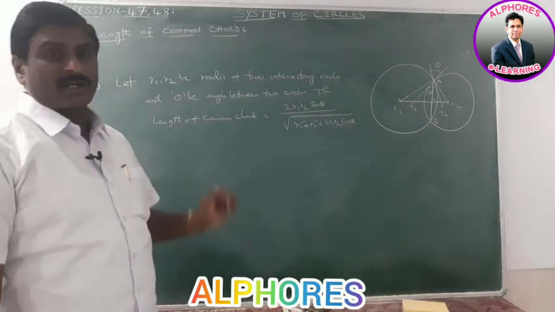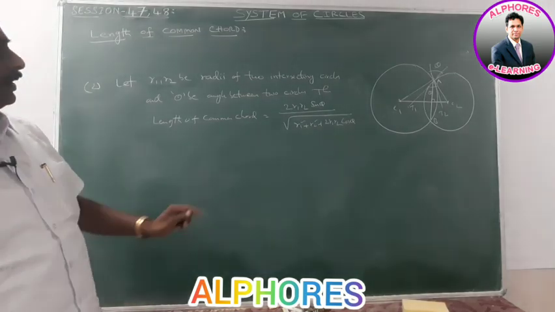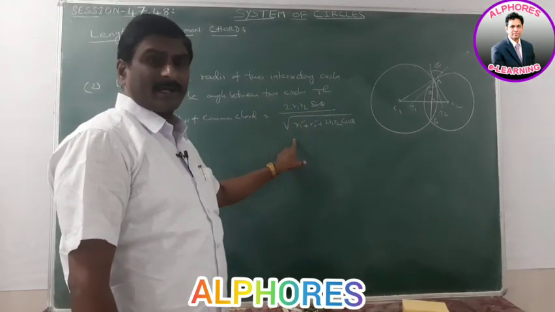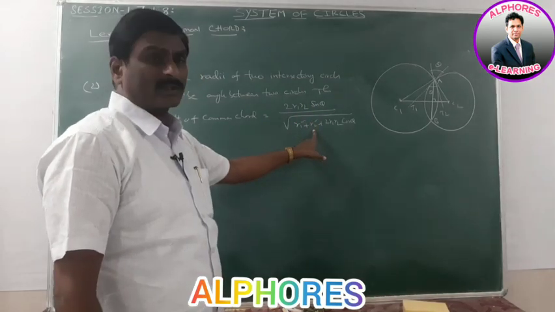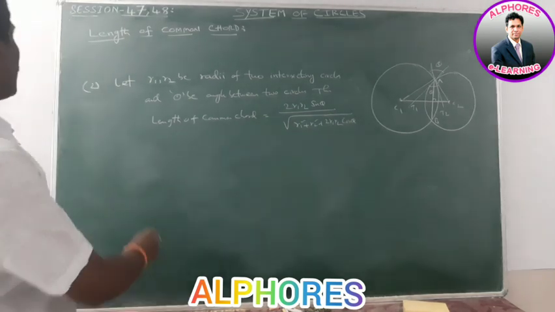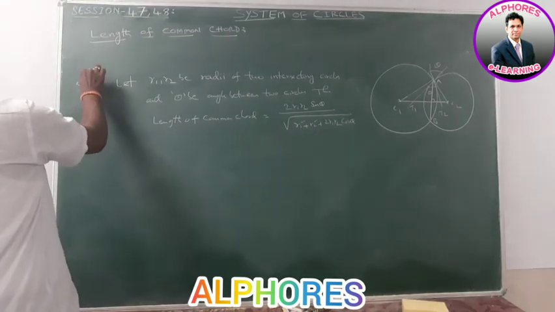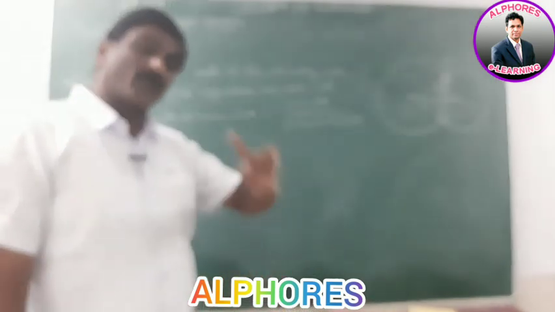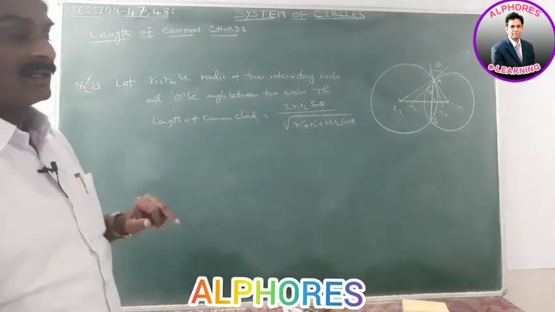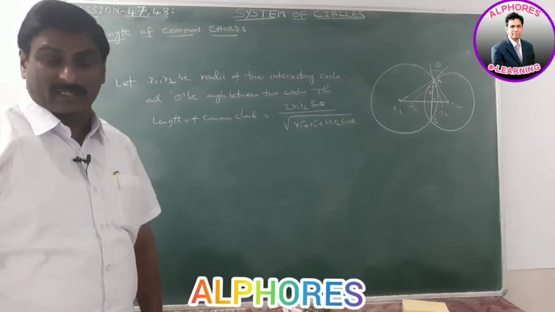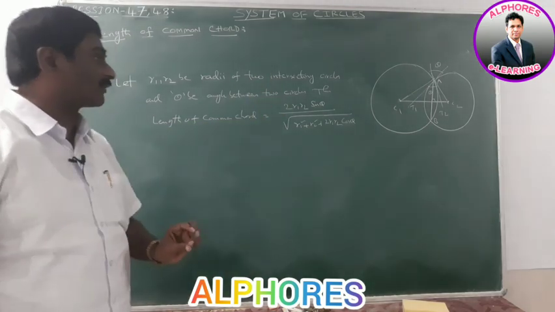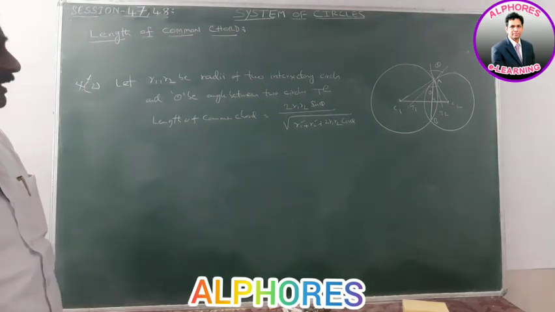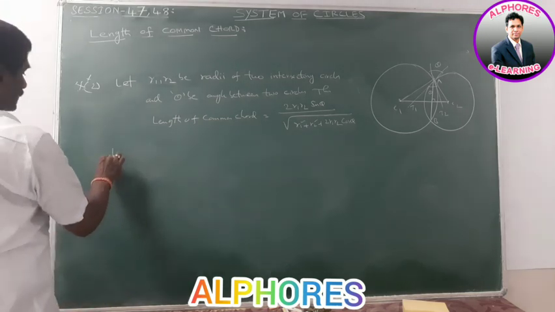Then the length of the common chord is equal to 2 R1 R2 sin theta by root over R1 square plus R2 square plus 2 R1 R2 cos theta. Very, very, very important. In the previous case, the two circle equations were given, and we found the length of the common chord. In this case, the radii and the angle between the two circles are given.